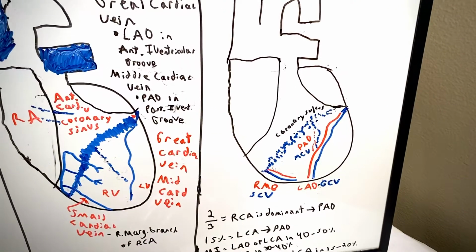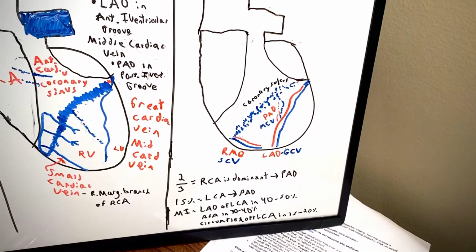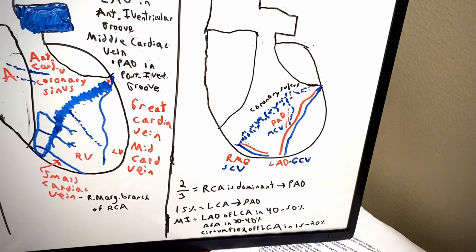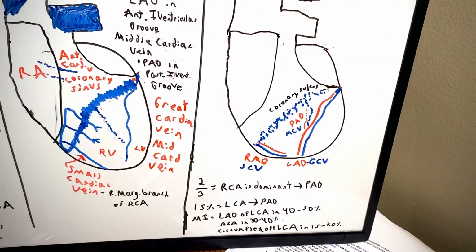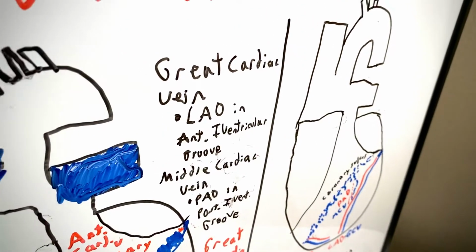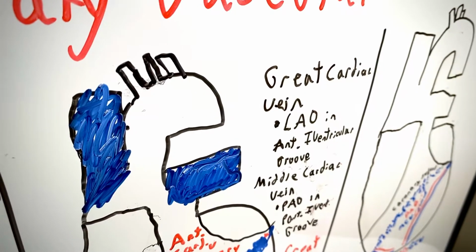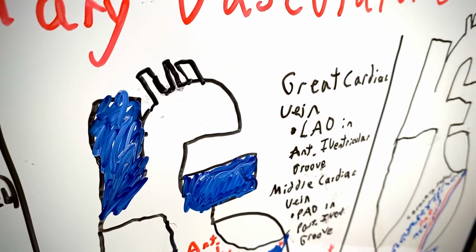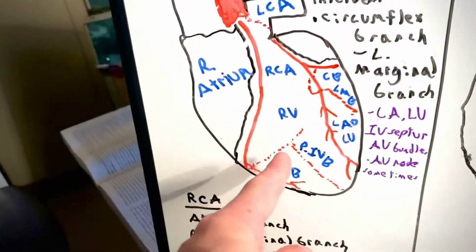And that's pretty much it. Our right coronary artery is usually dominant in 67% of cases. And that gives rise to our posterior interventricular branch, which is this one.